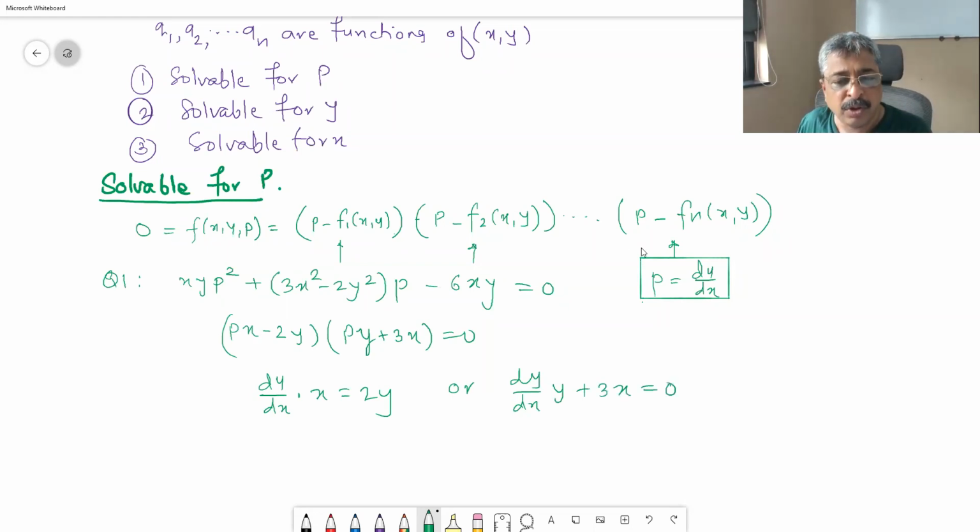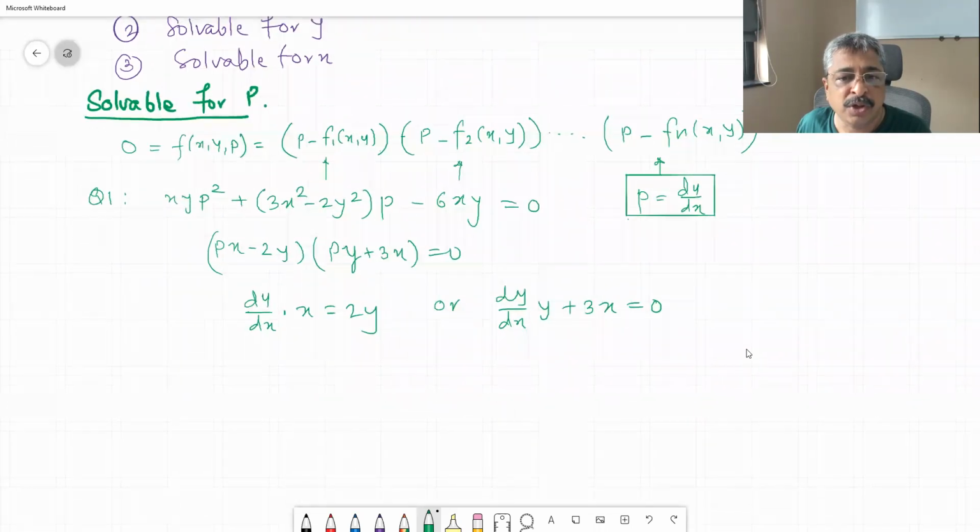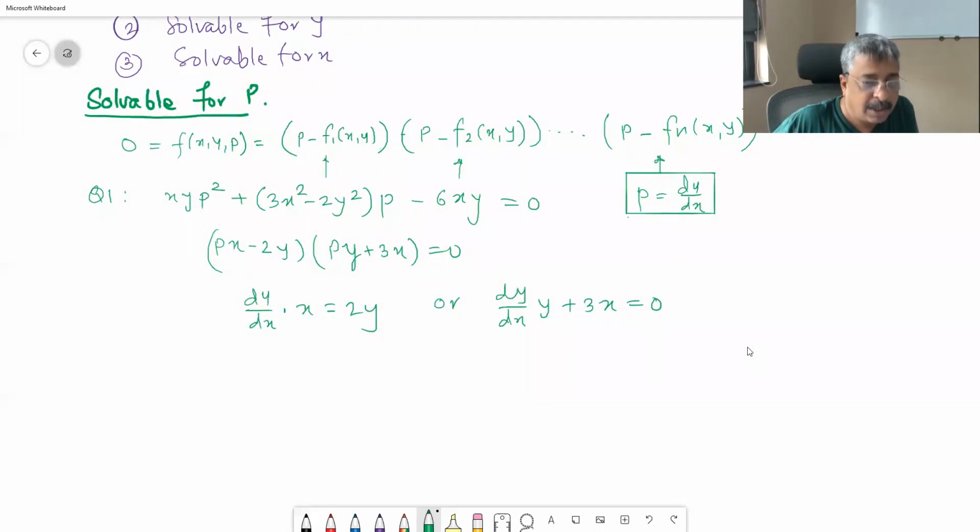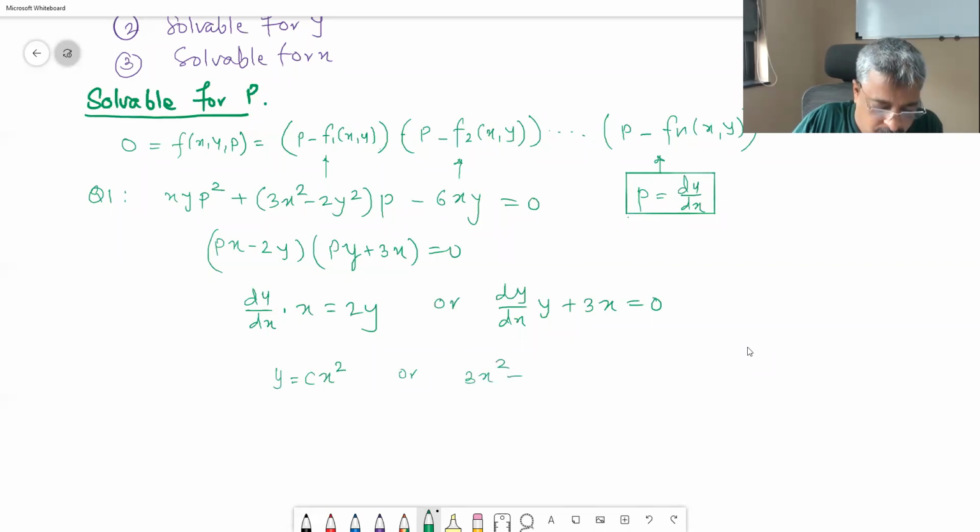These are your two differential equations which you are supposed to solve. It is variable separable, therefore the answer is y is equal to c x square, or the second answer comes out to be 3x square plus y square minus c is equal to 0.